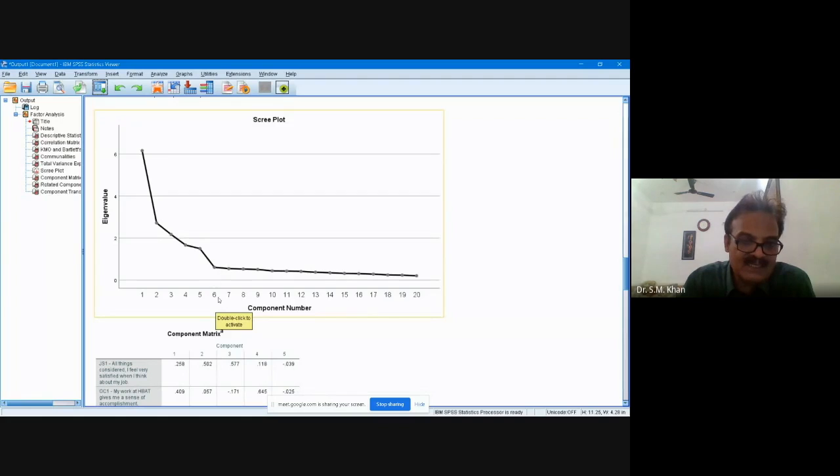So this point is against component number 6 or factor number 6. The criterion is 6 minus 1, 5. So यहाँ से भी हमें इशारा मिल रहा है कि 5 factors are sufficient to explain a large amount of variance in the employee retention.